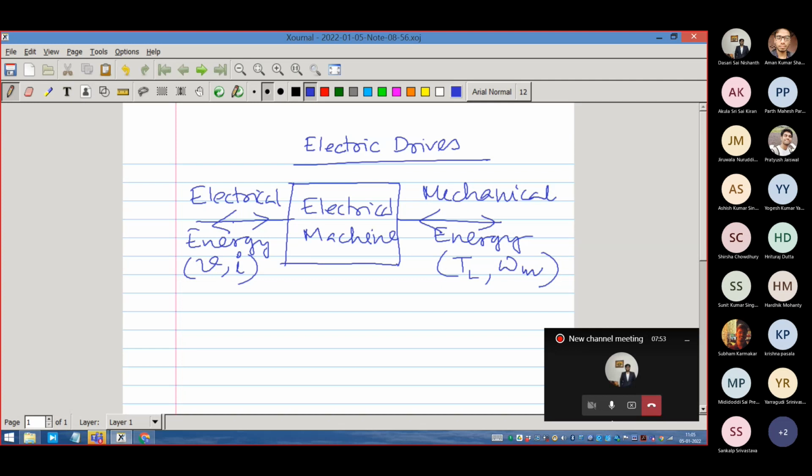So this electrical machine we have studied in our earlier class, and it comes out in the form of DC machine and AC machine in general. AC machines also get divided into two parts, called induction machine and synchronous machine.